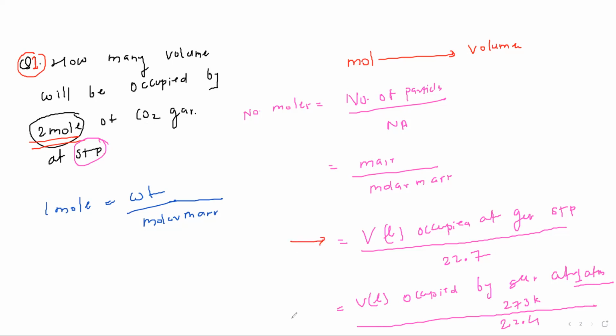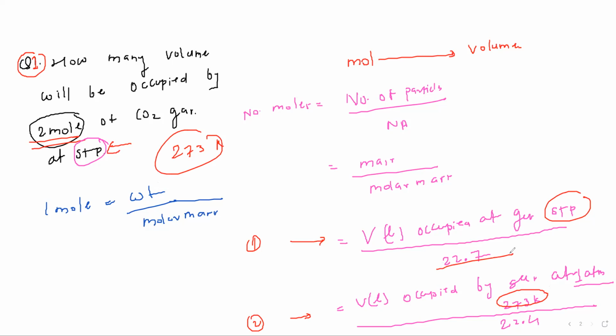we have two formulas. One is here, one is here. Check what is the next step, STP. Where is the STP written? Yes. And if there is no STP, if they mention the temperature 273, that is not room temperature actually, it's the initial Kelvin temperature, then you have to use 22.4, or otherwise you can use 22.7. Got it? So which formula are you going to pick up?